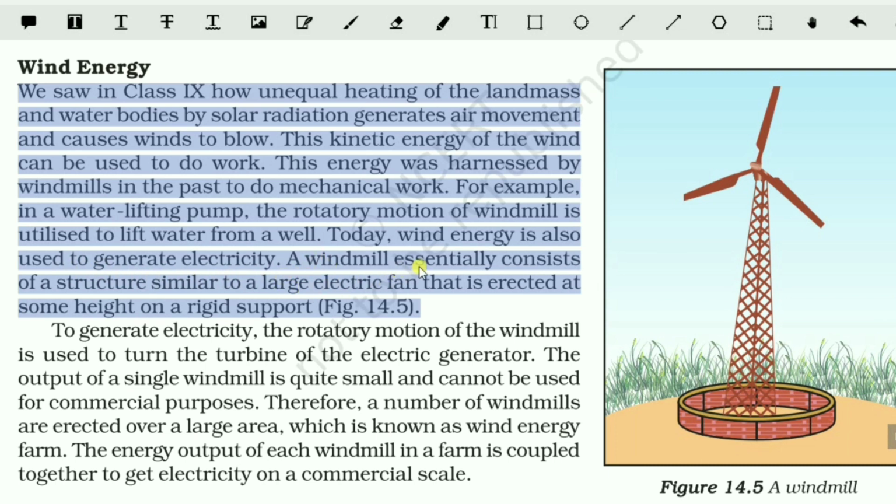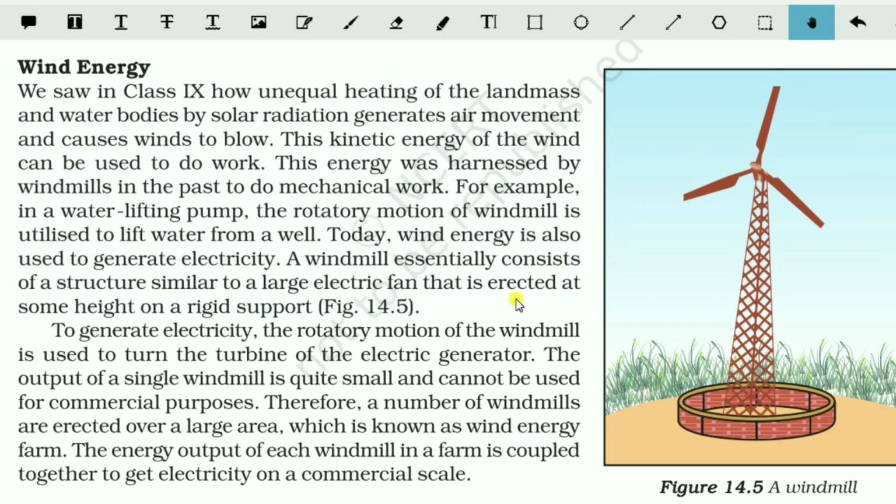A windmill essentially consists of a structure similar to a large electric fan that is erected at some height on a rigid support. Fig 14.5. So this one is the figure, and the technology we have improved in the case of wind energy is the electrical generator. It follows Fleming's right hand rule.